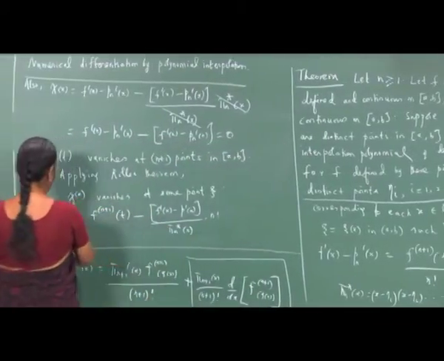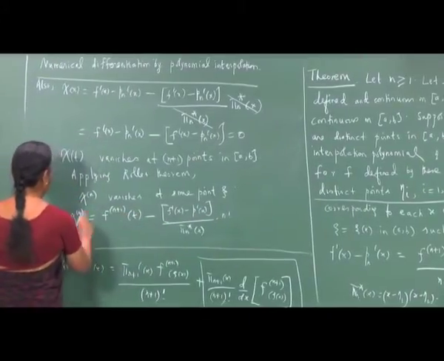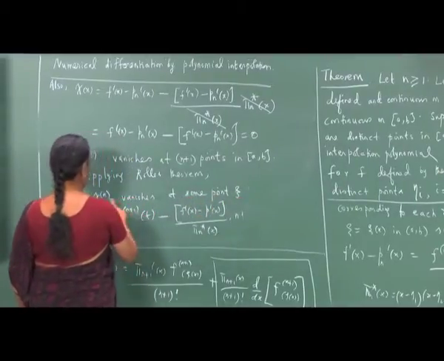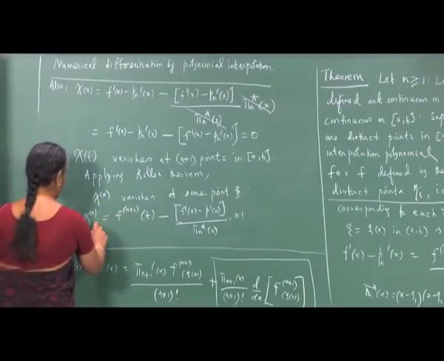So, we get the nth derivative of chi to be this, and the result that we have got says there is a point psi, which depends of course on x, such that the nth derivative vanishes.